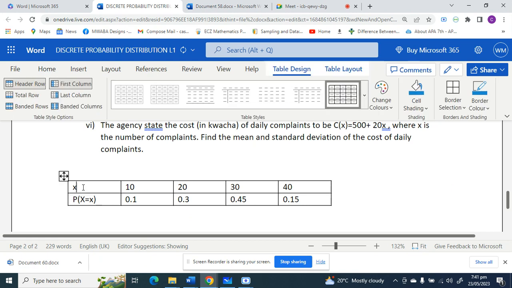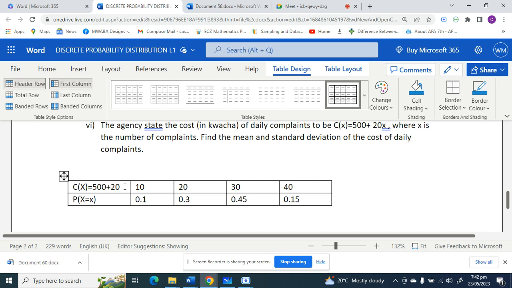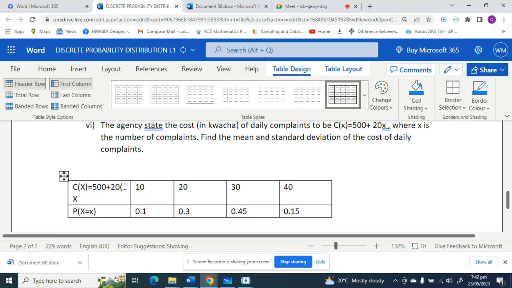Right, so here we have X, we're going to say C(X) equals 500 plus 20X. Right, so we're going to start replacing now. Where there's X, we'll replace 10. So if we replace X with 10, what is our cost? What is the cost of 10 complaints?